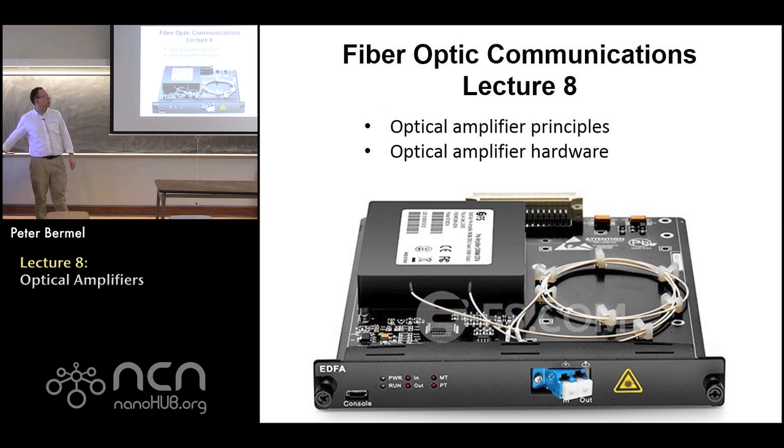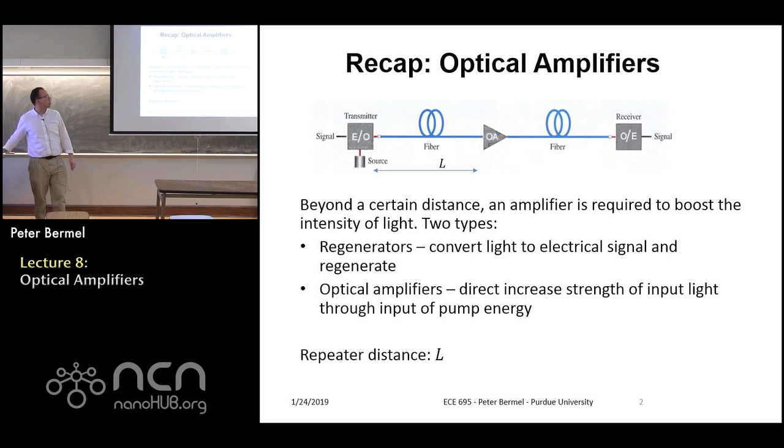So I'll start with talking about some of the principles of optical amplifiers. Okay, so just to recap what they are in general, remember we said last time that you need an amplifier beyond a certain distance to boost the light.